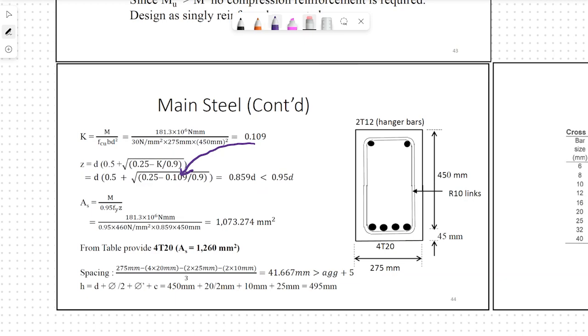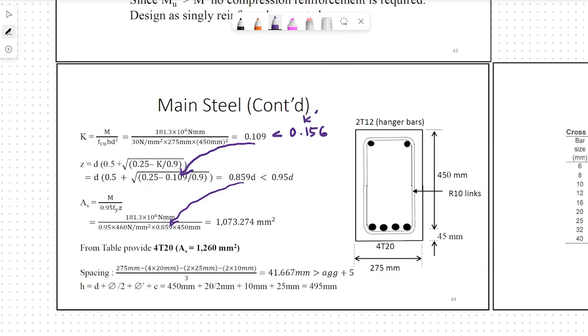So in theory it is the same. If we get 0.859, which is lower than the value of 0.95 D, when we calculate the value of AS, we substitute this value. If we get it bigger, then we will use 0.95 D instead to calculate for AS. And we also must make sure that K is less than 0.156, or K prime.